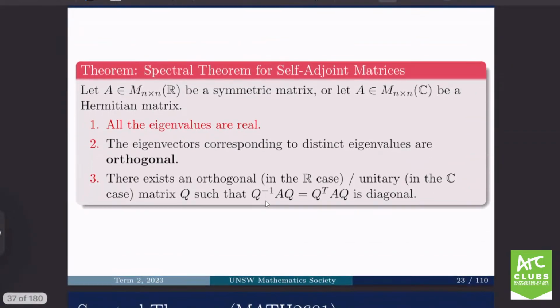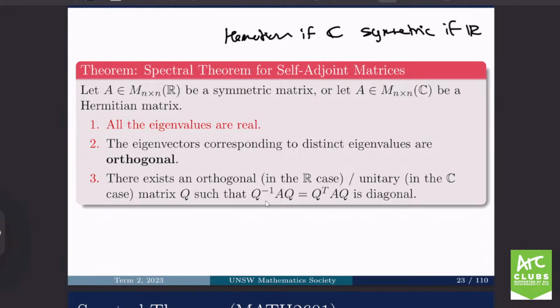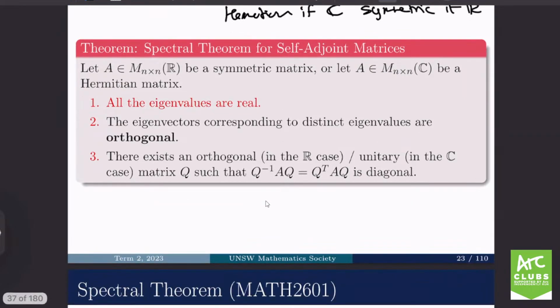Remember, self-adjoint means it's either Hermitian in the complex case, or symmetric in the real case. Because Hermitian and symmetric matrices are normal, the spectral theorem applies to them, which means there exists an orthogonal, or unitary in the complex case, matrix Q such that Q inverse AQ is diagonal.